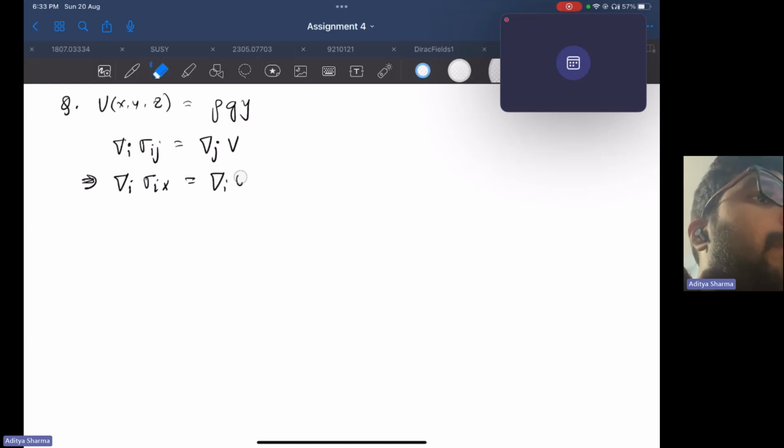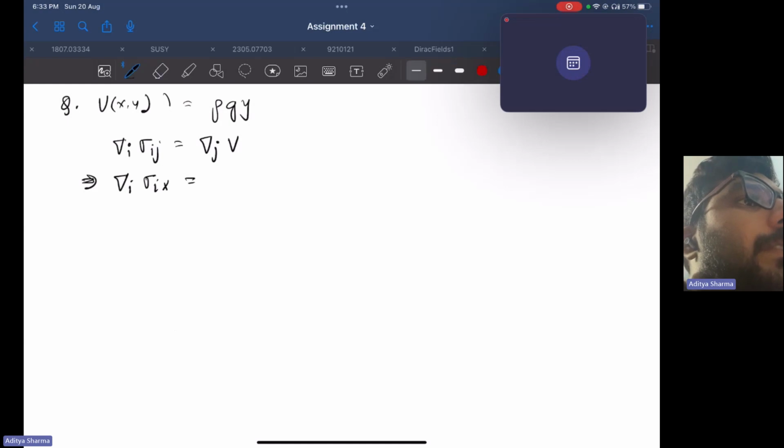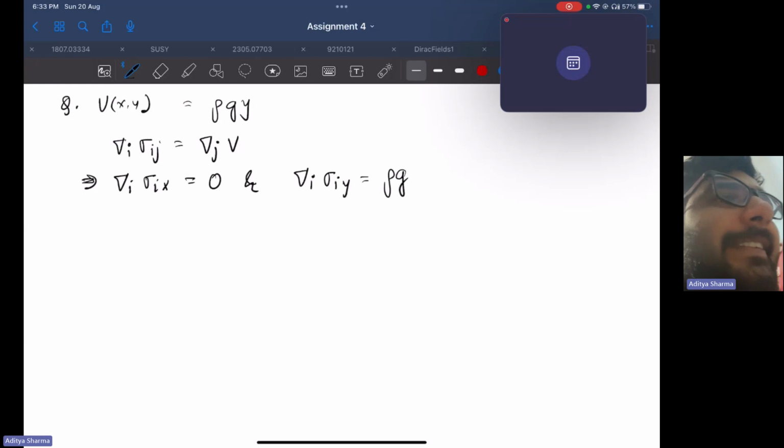Let us take only two dimensions for the sake of simplicity. So del i sigma ix is equal to 0, and del i sigma iy is equal to del y of rho g y.